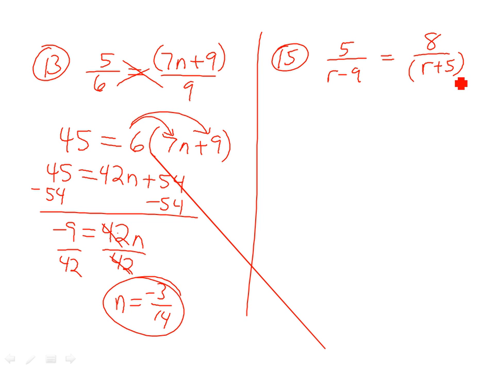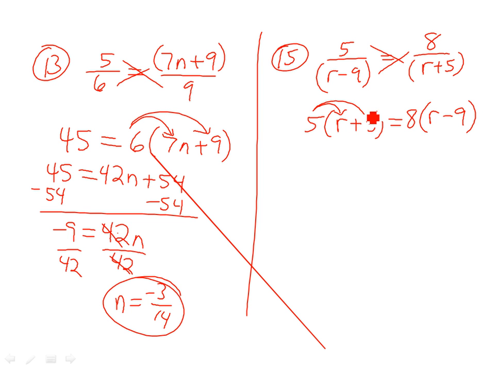I put parentheses around those. Cross multiply. Please write it out like this. I know some of you are intelligent enough that you don't need to write this step. But if you do this every time, you're never going to make a mistake. If you don't do it, maybe only 1 out of 10 times you're going to make a mistake, but still it's a mistake.